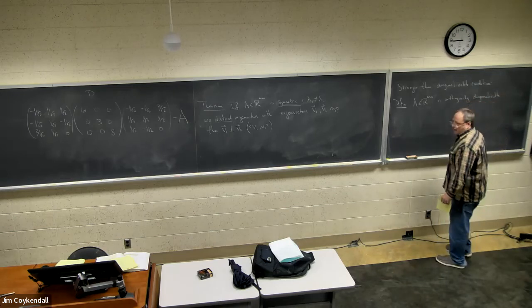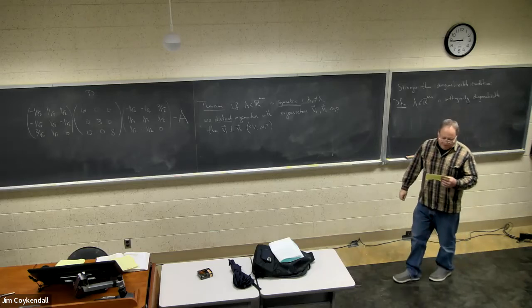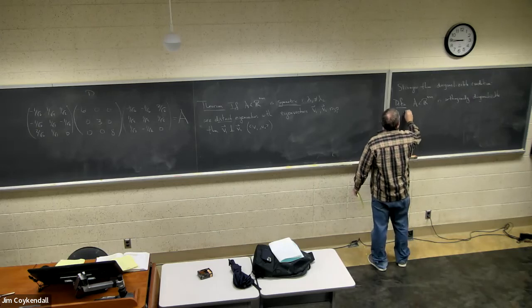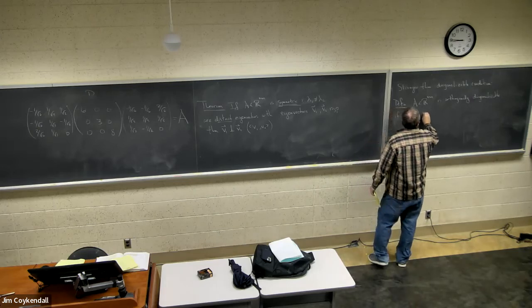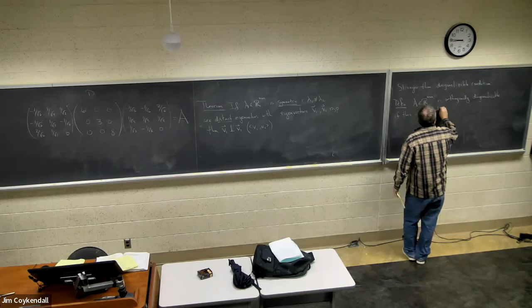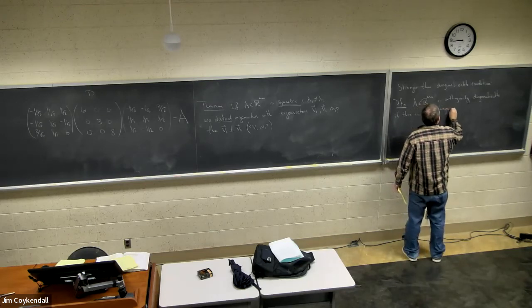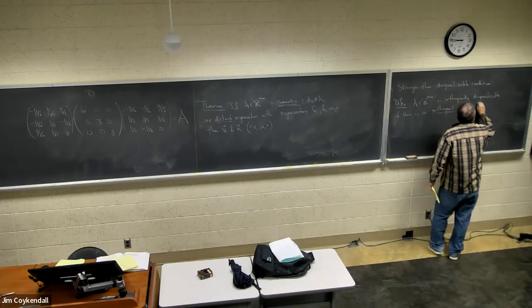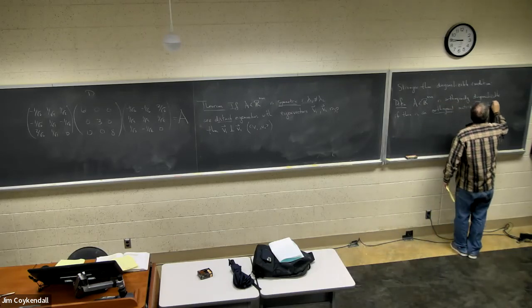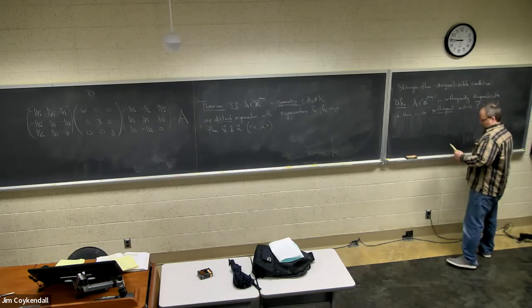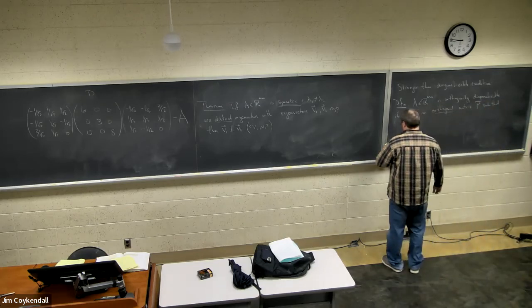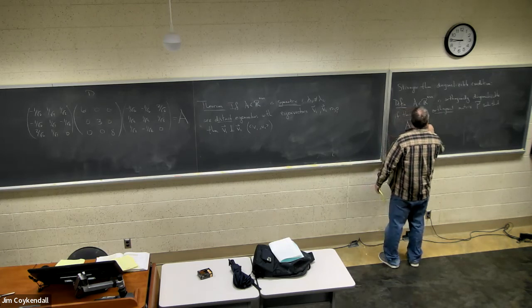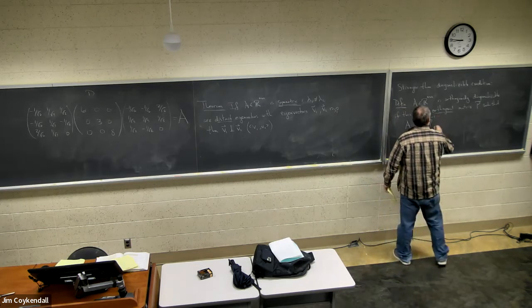This is sort of like diagonalizable on steroids. It's even stronger. A is orthogonally diagonalizable if there is an orthogonal matrix P such that A equals P D P inverse, where D is diagonal.